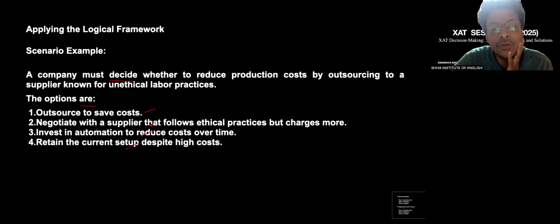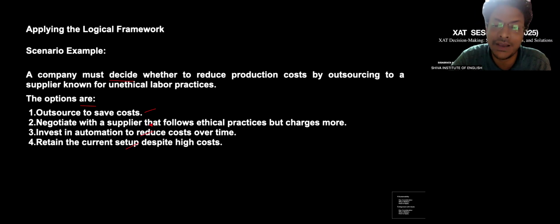If I talk about option two, negotiate with a supplier that follows ethical practices but charges more, if I look at the first part, which is ethics, in option two we find that it aligns with ethics.